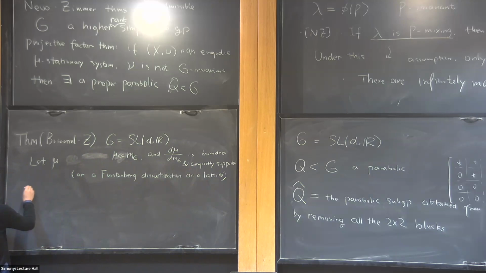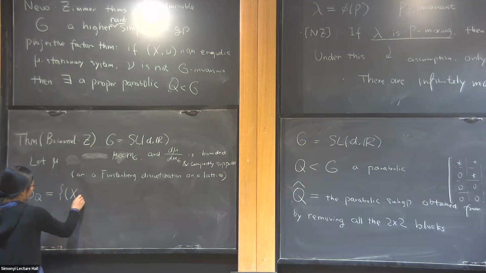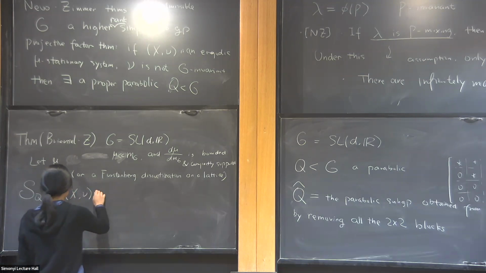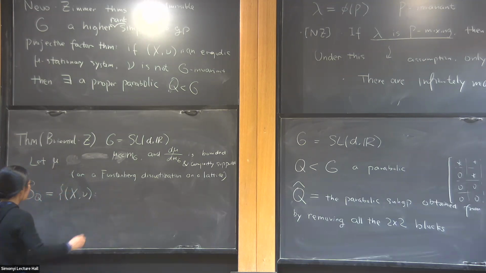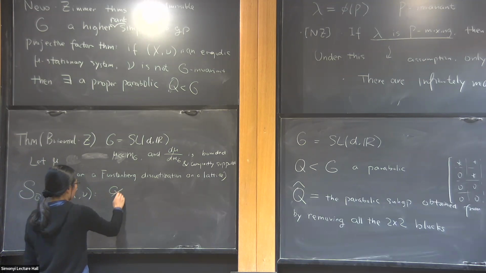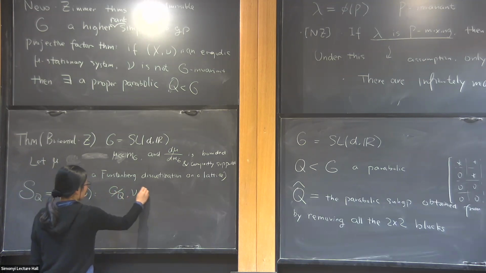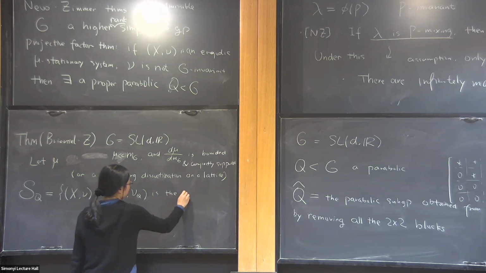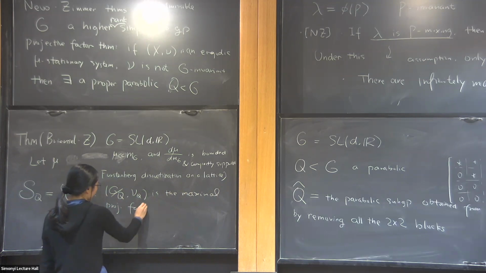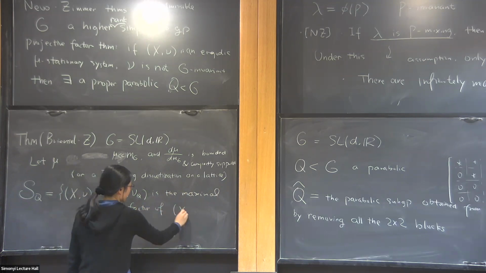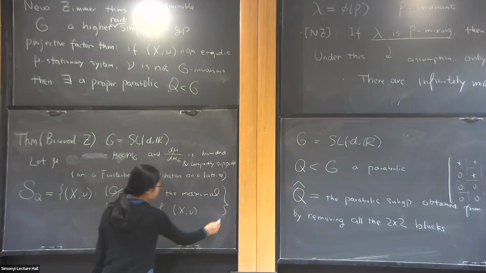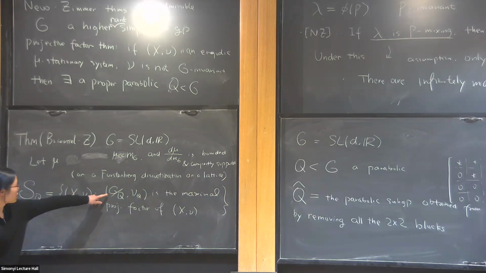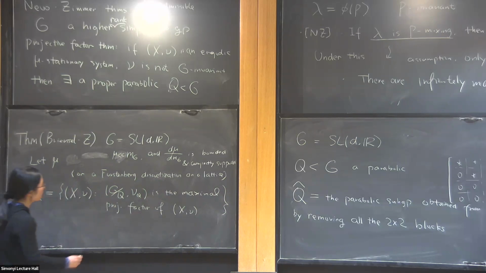Then we have the following. Let's introduce a notation. Let's consider all these ergodic stationary systems X such that G mod Q is the maximal factor of X. So consider all these stationary ergodic systems such that they admit this particular G mod Q as the maximal one.